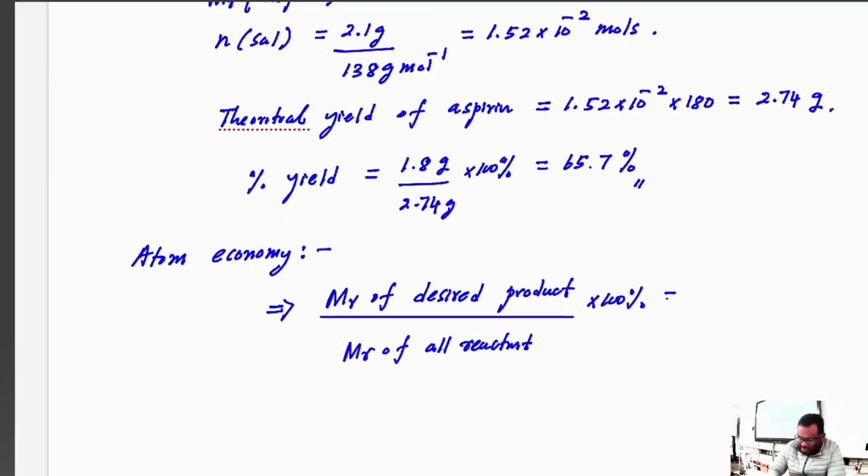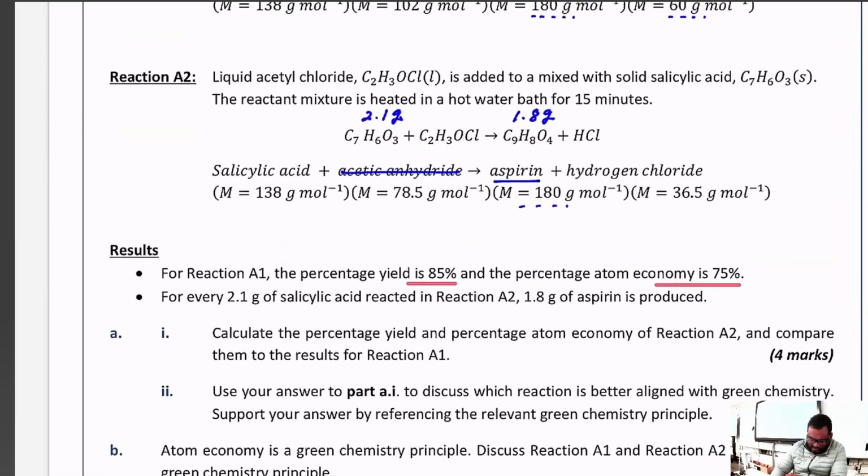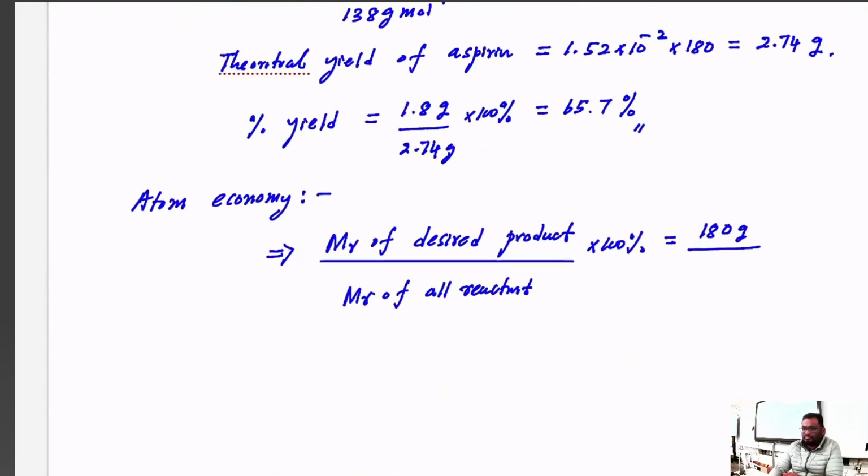So this is going to be 180, the molar mass of aspirin, divided by the molar mass of the total reactants, salicylic acid and acetyl chloride, which is 216.45.